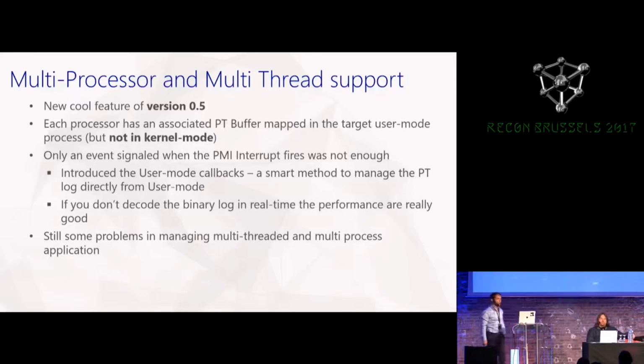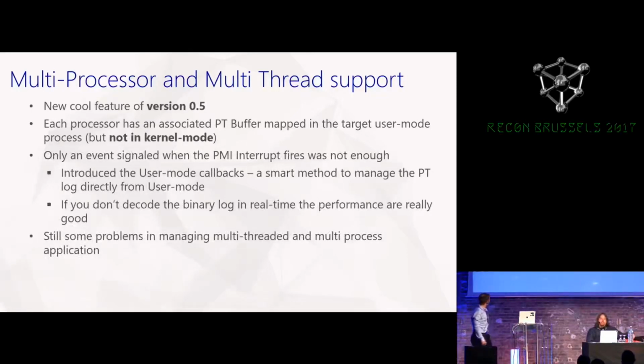Then we switched the implementation and implemented user mode callbacks. I mean, our user application spawns one thread for each CPU, and each thread registers a PMI callback function. In that way, when a CPU has its buffer full, it calls exactly the right user mode callback.